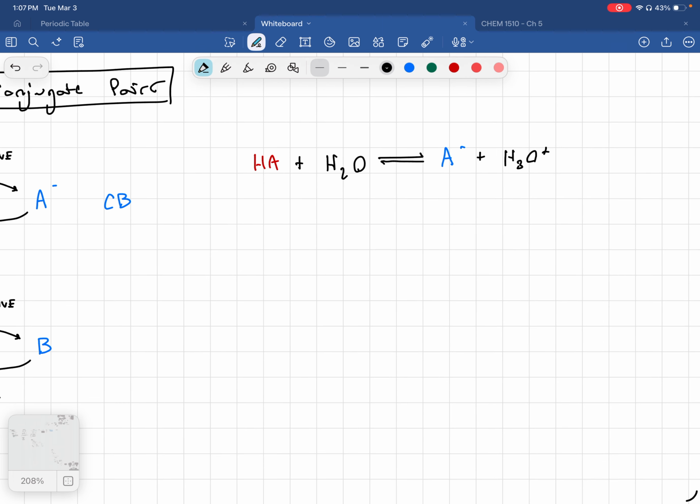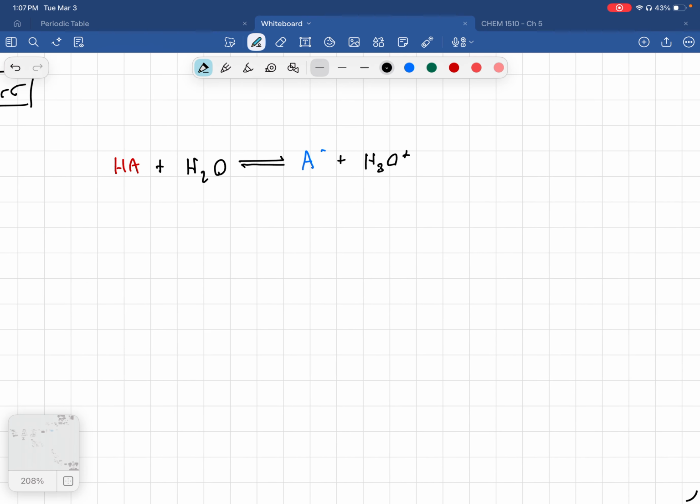Aqueous, liquid, aqueous as previous. So Ka for this is going to equal the concentration of A minus times the concentration of H3O plus divided by the concentration of HA.